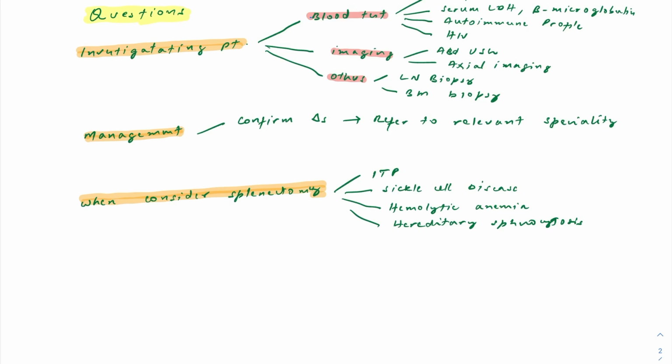Splenectomy is sometimes indicated in cases of idiopathic thrombocytopenic purpura. It can be done in sickle cell disease, hemolytic anemia, or hereditary spherocytosis. And there could be other questions also, like once you've done the splenectomy, what's the danger? Once you've done the splenectomy, the patient is prone to infection by encapsulated organisms, so the patient has to be on prophylactic penicillin.